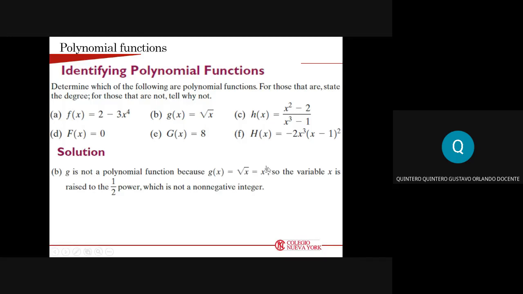Since the exponent is a fraction, it is not a natural number. So that makes it so that this is not a polynomial. All right. So roots are not polynomial. These are called radical functions. Radical, why? Because of the root. We are not going to study radical functions now. So forget about that one.